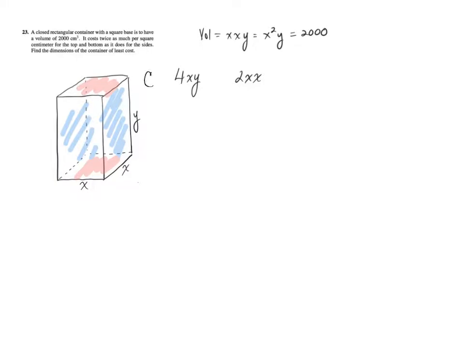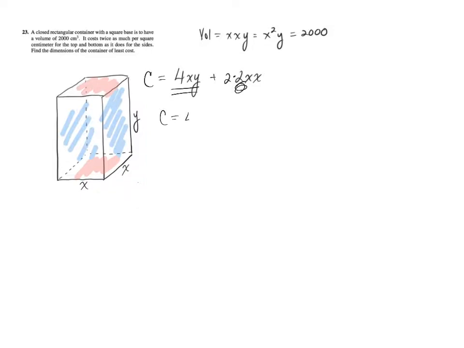So if we're going to start to write this as a cost function, whatever the cost is here, let's say it's literally like $1 per square centimeter, this is going to be twice as much over here. So we could just multiply that by 2. Even though we don't have the specific numbers, it's going to be a 1-to-2 ratio, and that's all we need. So let's clean these two equations up now.